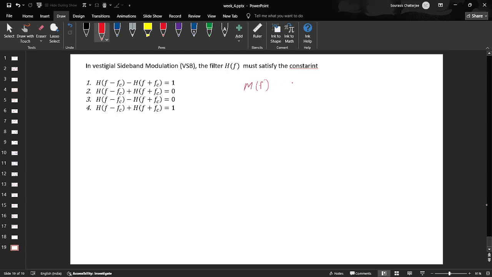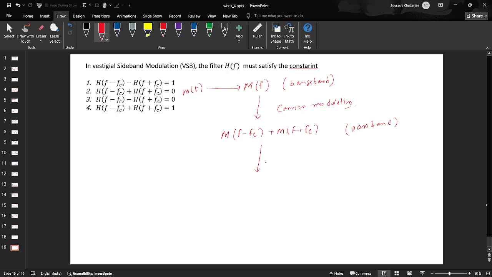Let's start with the baseband spectrum. This is our baseband spectrum M(f) of the message signal m(t) that we plan to modulate. Then we do carrier modulation. When we do carrier modulation, we get the DSB-AC expression, that is in the pass band, M(f−fc) plus M(f+fc).